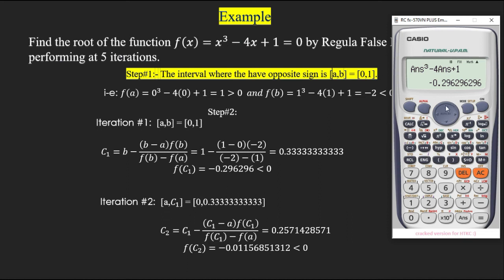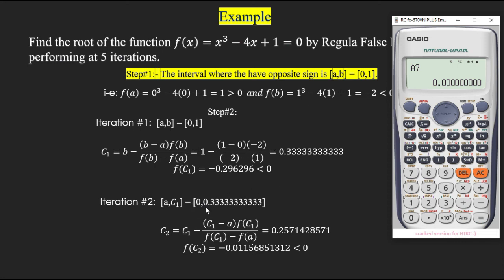For the second iteration, I will press the up button and we have the scheme in the calculator, then press the calc button and replace the b value by 0.3333, or 1 over 3. After pressing the equal button, the calculator will ask about the a value.